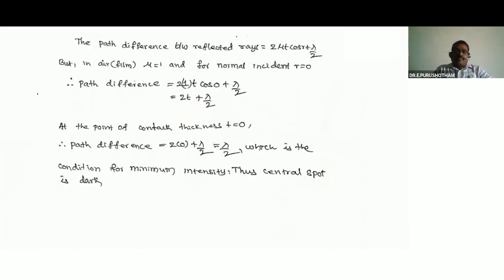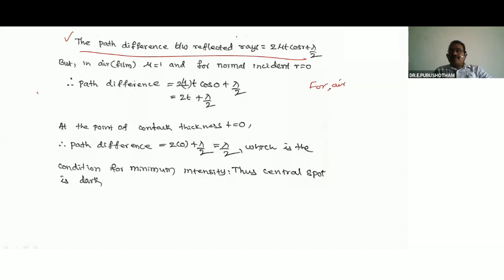In general, in interference in thin film, the path difference formula is 2 mu t cos r plus lambda by 2. But for air, what is the refractive index value?